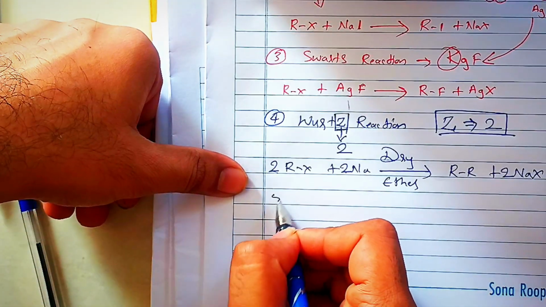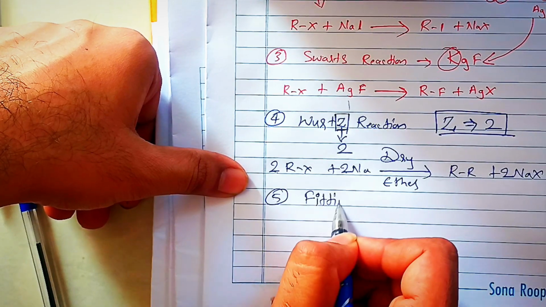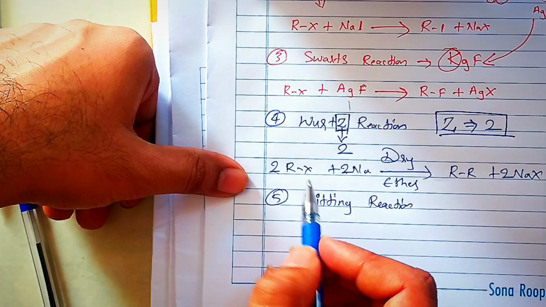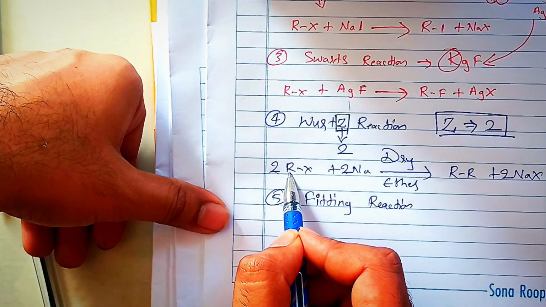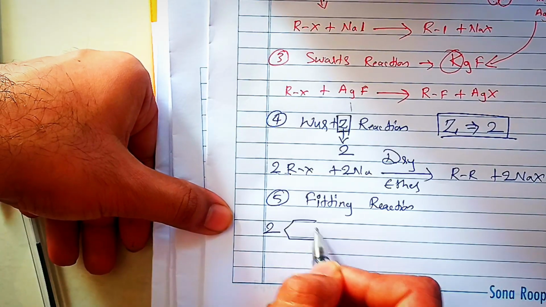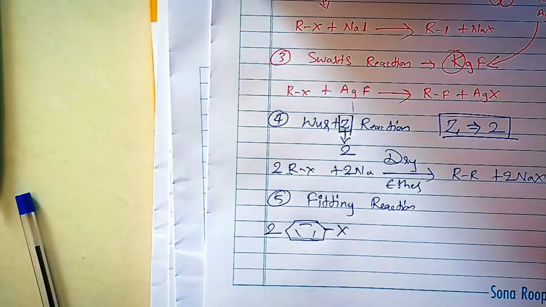Okay, the next reaction will be the Fittig reaction. Here, in the presence of R, we will take a phenyl ring. This is a phenyl ring.